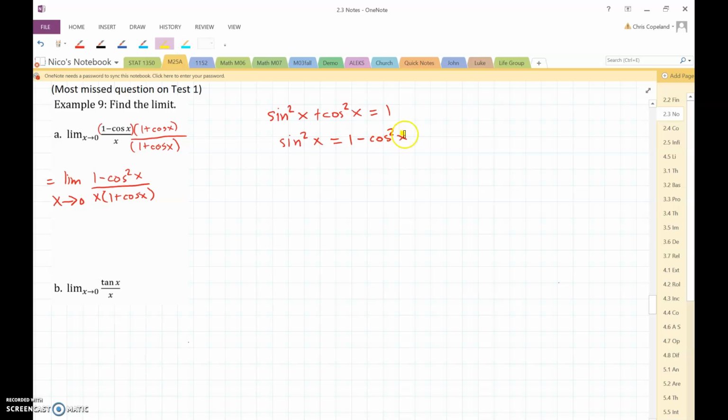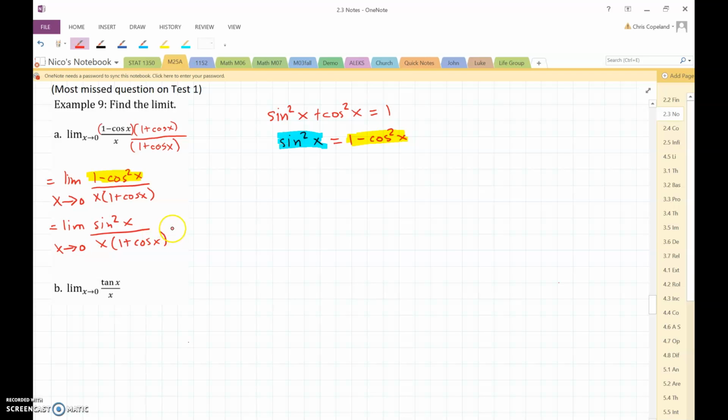And then I can use substitution here and plug in sine squared x. Okay, the limit of sine squared x all over x times the quantity 1 plus cosine x.